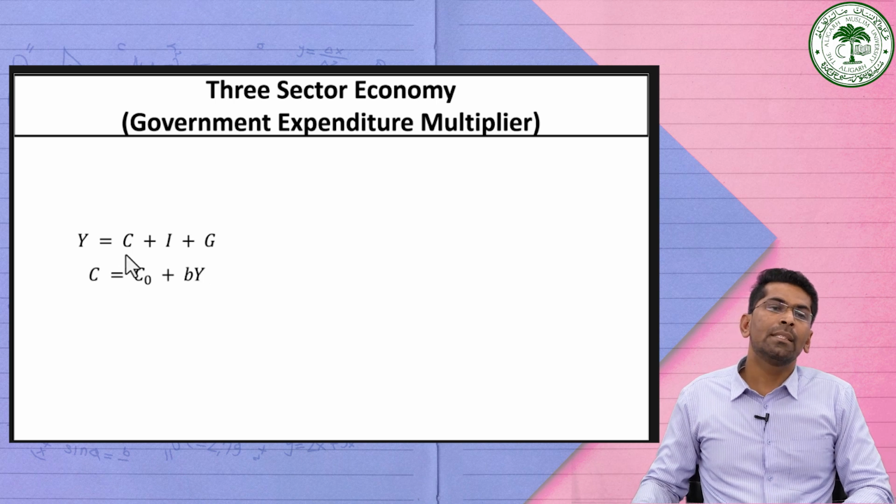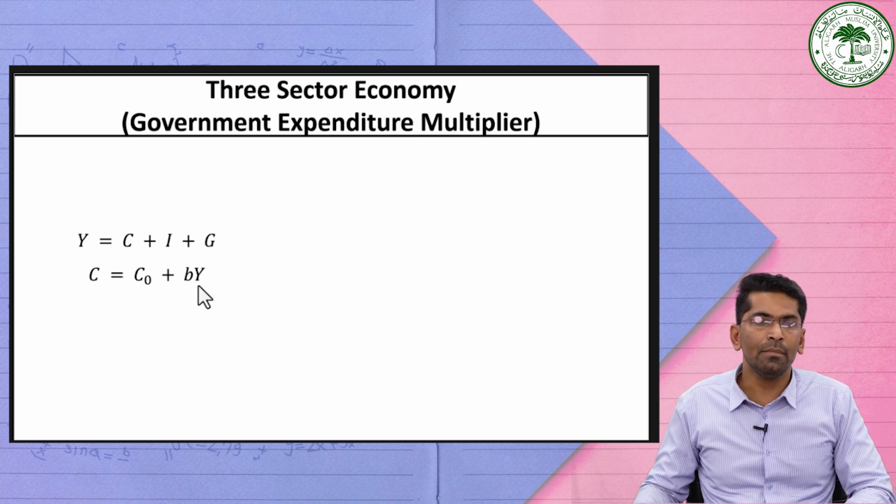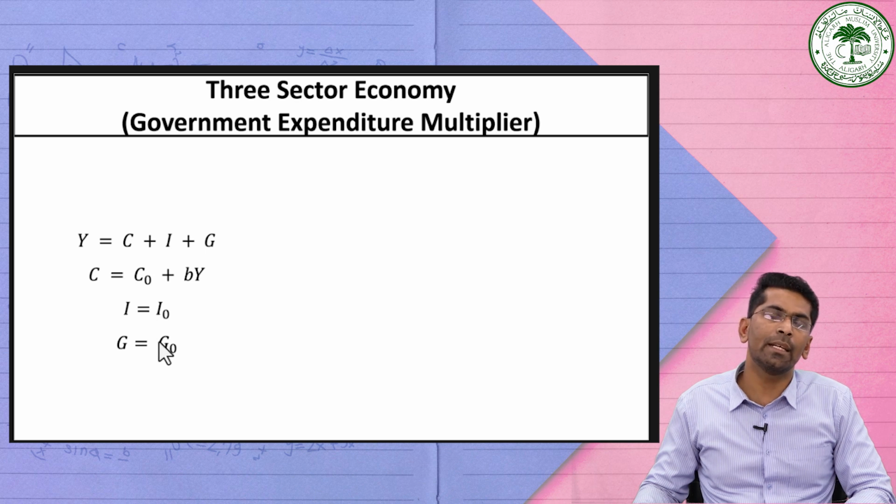Here C is the consumption function, C0 plus BY, where C0 is the autonomous consumption, B is the marginal propensity to consume, and Y is the level of income. Investment is autonomous investment, I0, and government expenditure is G0.